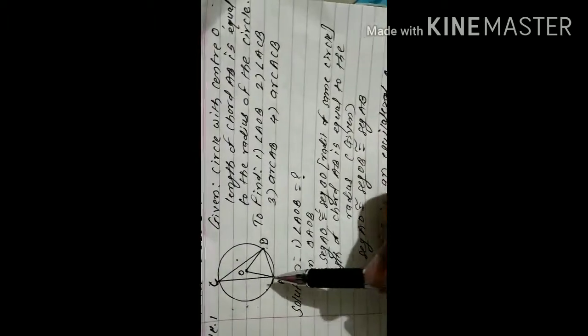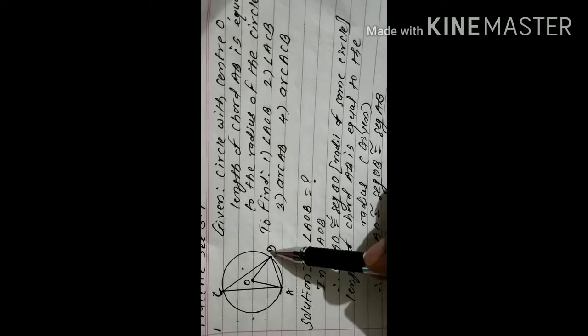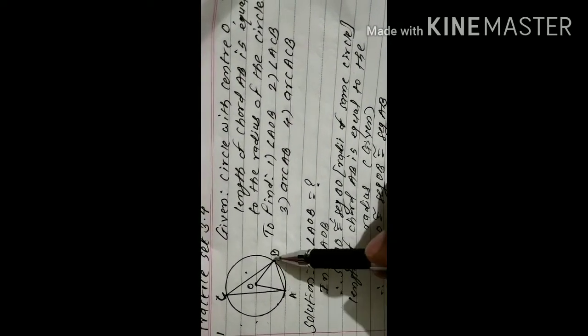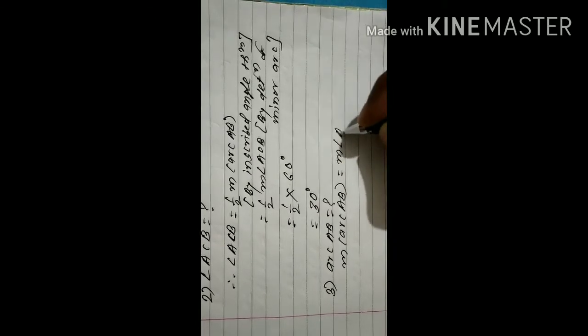Third, arc AB. In the figure, measure of angle AOB is equal to measure of arc AB by the definition of minor arc. Therefore, measure of arc AB is equal to measure of angle AOB, but measure of angle AOB is equal to 60 degrees.